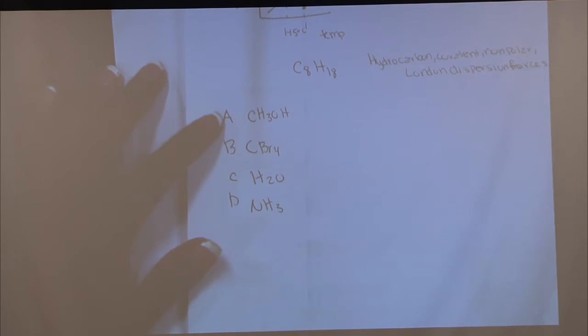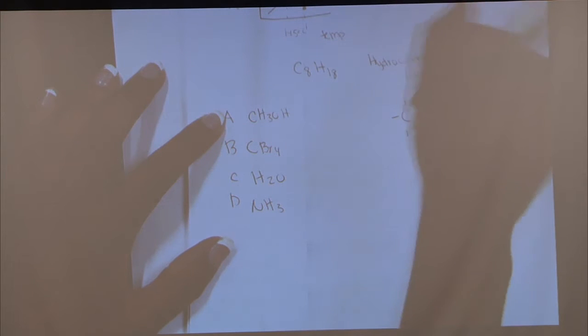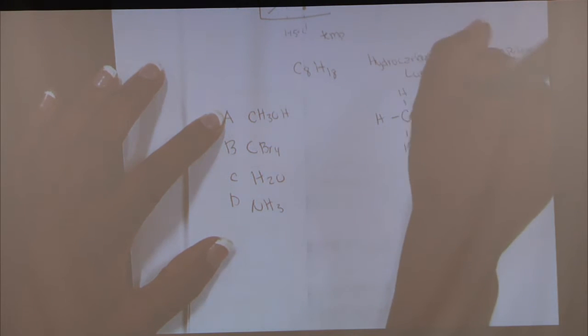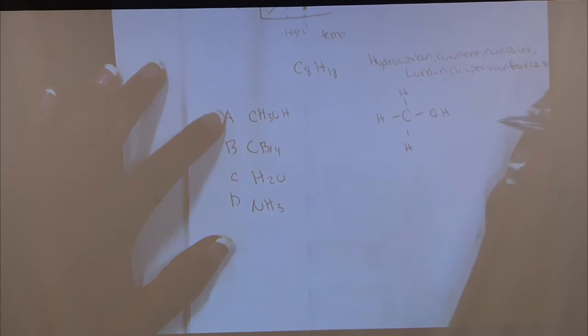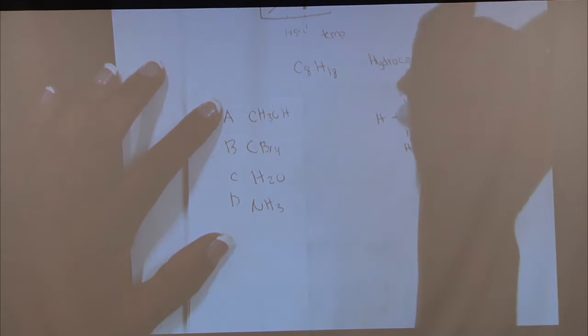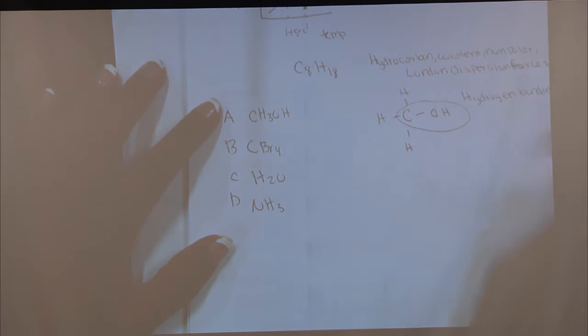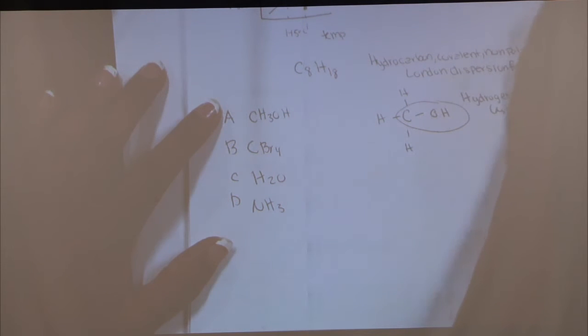So looking at A, CH3OH, we have this. Automatically, we see there's a hydrogen bonded to an oxygen that's bonded to a carbon. So right here, there is hydrogen bonding. And hydrogen bonding exists between nitrogen, oxygen, and fluorines.